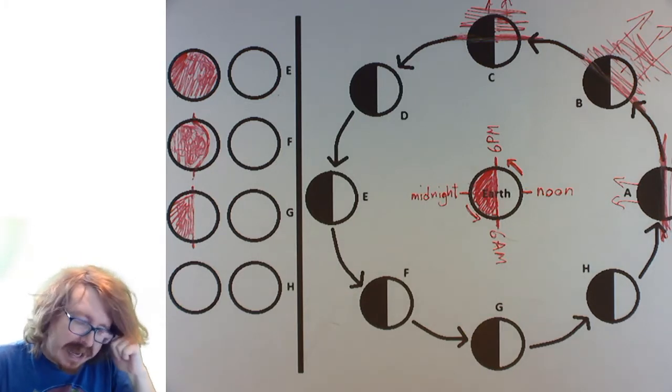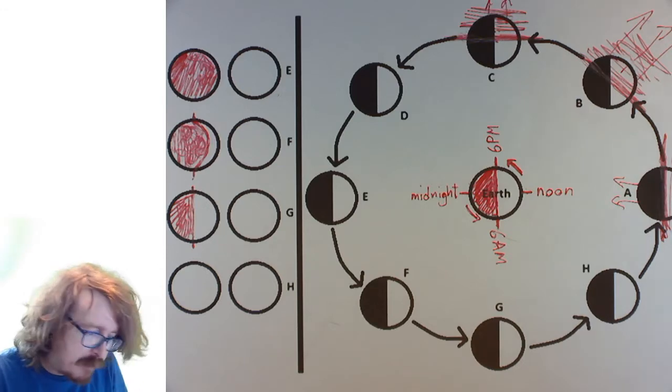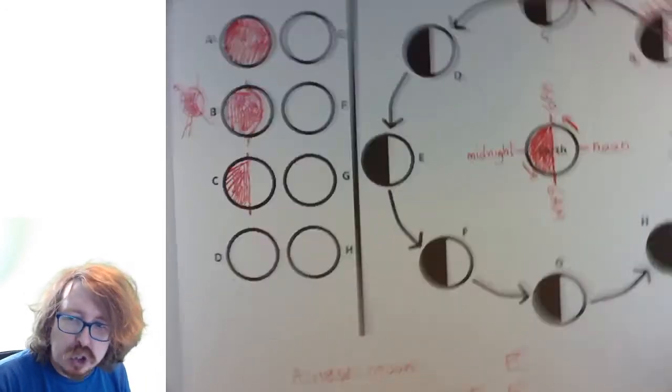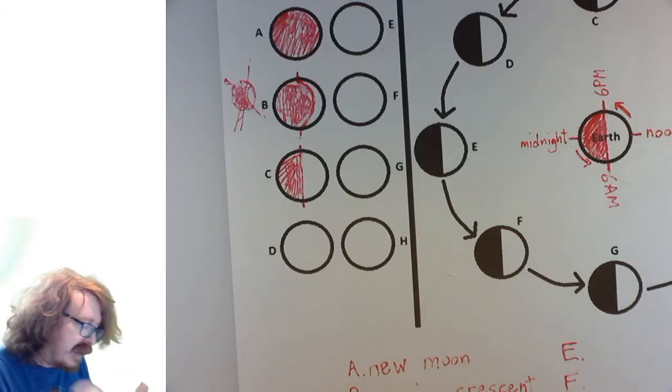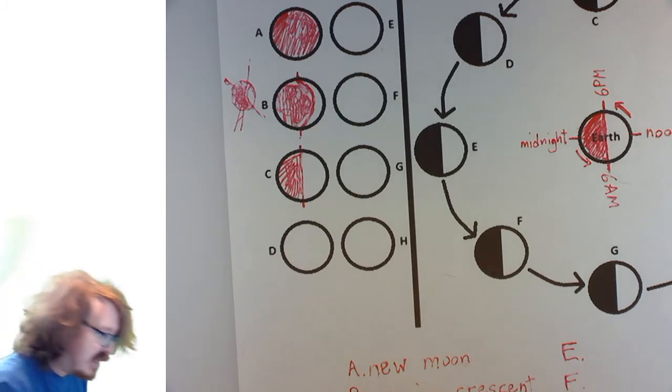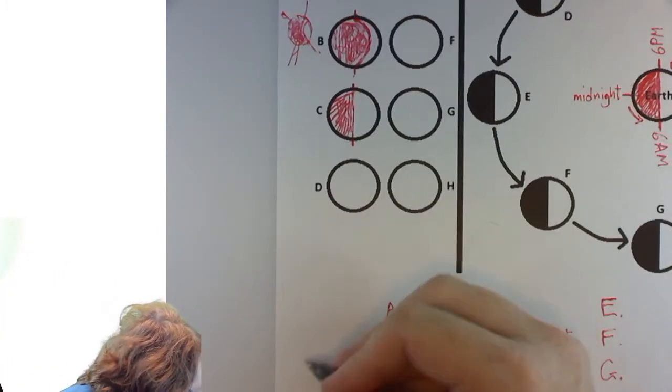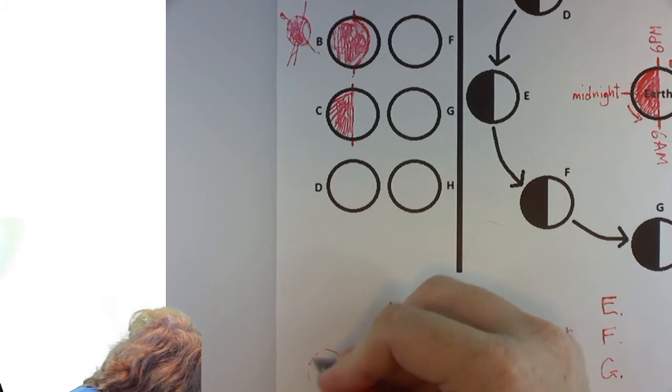And be very careful about that, because a lot of people always want to make every moon look like its name. A very common mistake that I will see is people try to say that the first quarter moon looks like this.